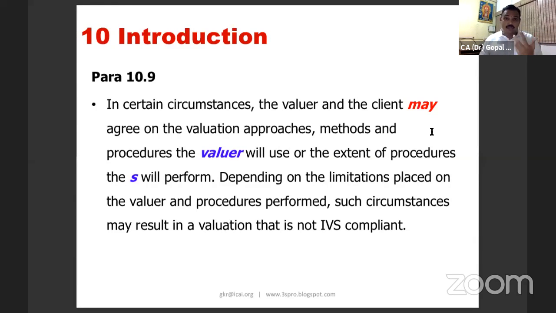Good. So the client is to that extent knowledgeable, cooperative, and very transparent. Depending on the limitations placed on the valuer and procedures performed, such circumstances may result in a valuation that is not IVS compliant. Very important para.